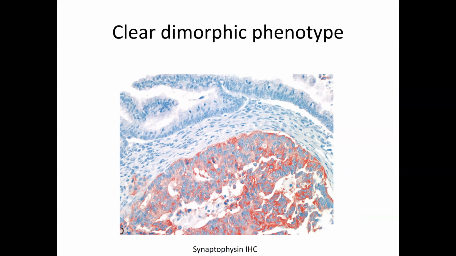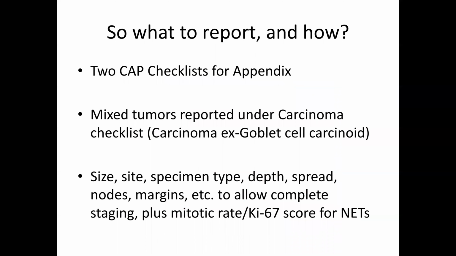So let's leave that topic, and you can read some of the literature on this evolving area of appendiceal pathology at your leisure. Let's just talk about what we report with these tumors. And here it's important to note that there are 2 CAP checklists for the appendix. Probably the smallest organ in the body that has 2 checklists. Of note here is that these mixed tumors are reported under the carcinoma checklist.